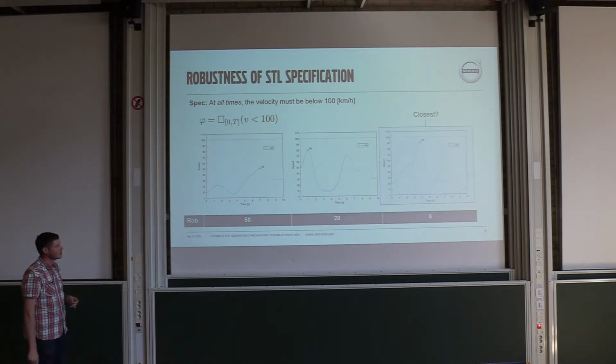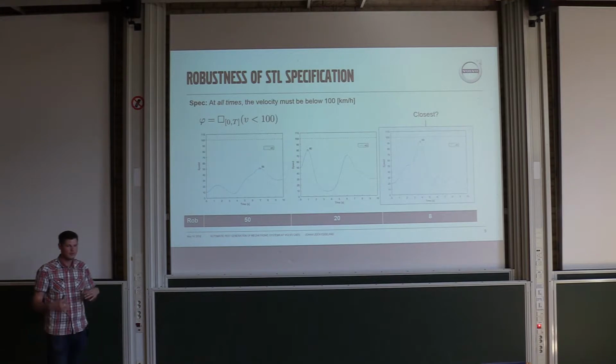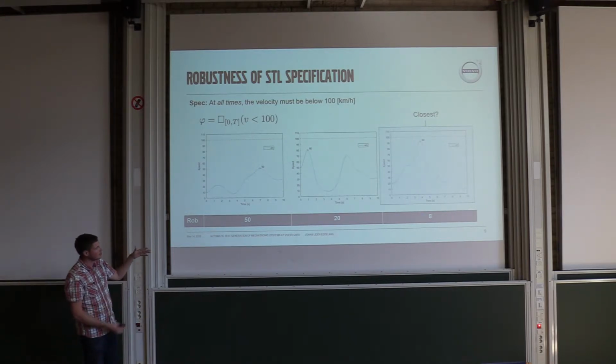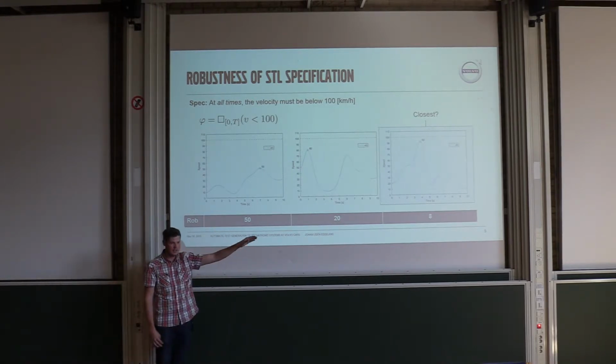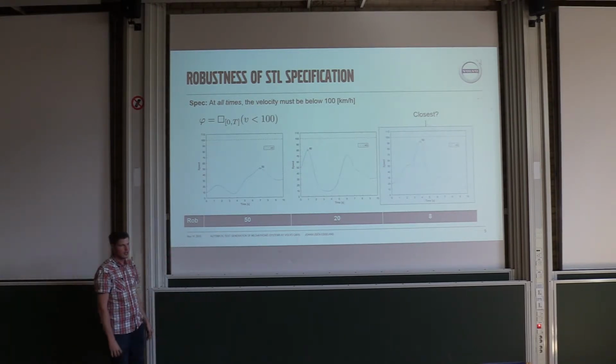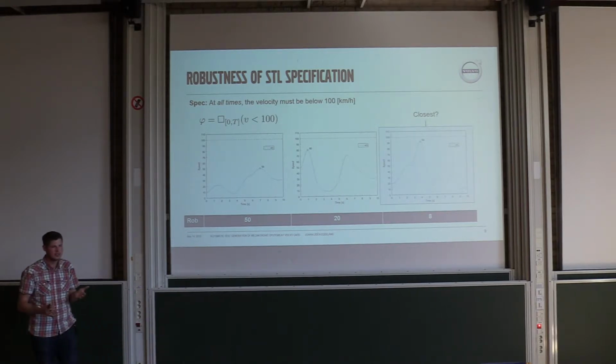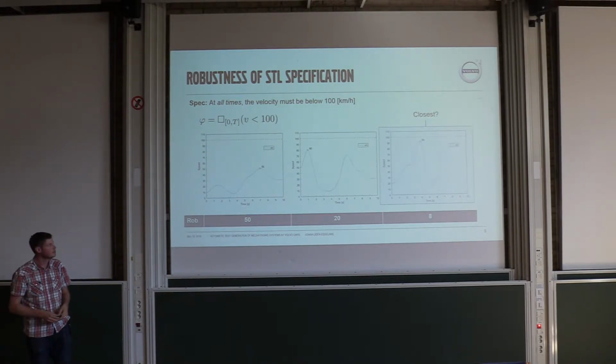specification. So if you would take that notion of robustness for the specification and the traces, then this would have robustness 50, and then 20, and then 8. And it's nice because it's intuitive, it makes sense, it's easy to understand from these small examples.